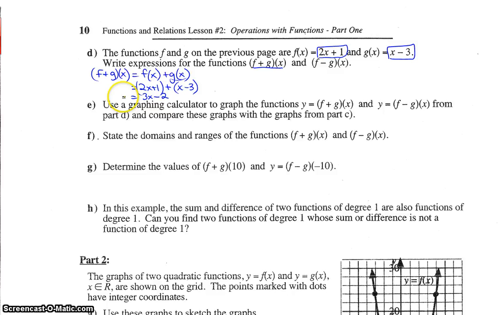Now, something I want you to take note of. 3x minus 2, if we pretend this is y for a minute, because we're talking f of x and g of x, so that's y. Let's compare. We know that's a straight line, the equation for a straight line, with a y-intercept of negative 2 and a slope of 3. So let's go back and look at our graph for f plus g of x.